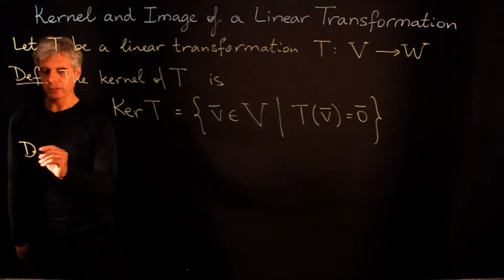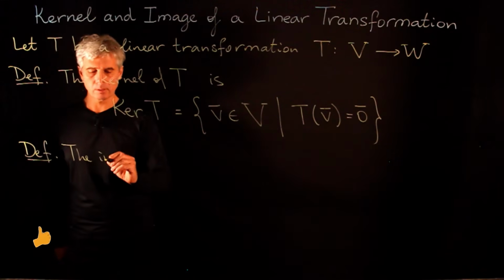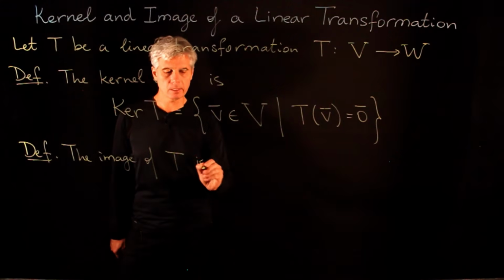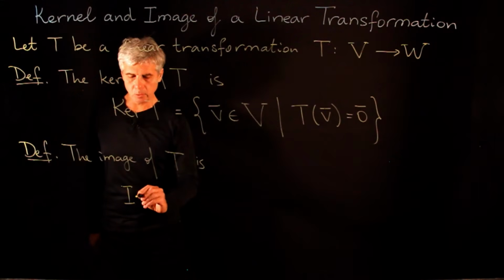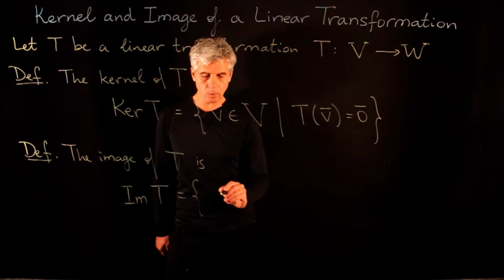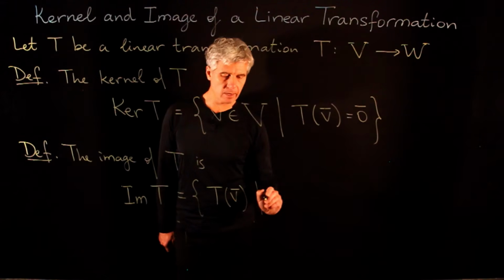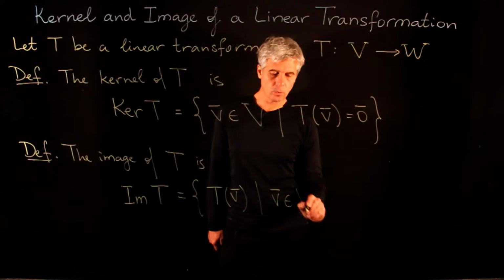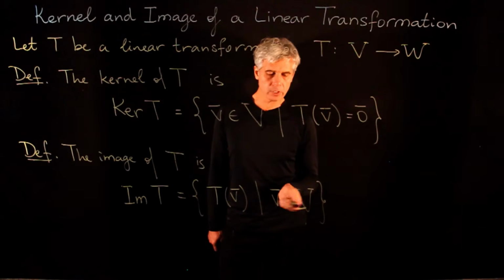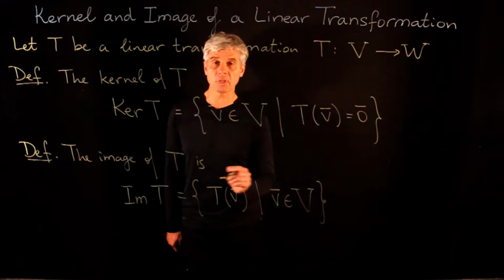And we have a second definition. The image of T is denoted Im T, and it's the set of all vectors of the form T of v, where v runs over the whole vector space V. So what we do is we take all possible inputs for our linear transformation and collect all possible outputs.